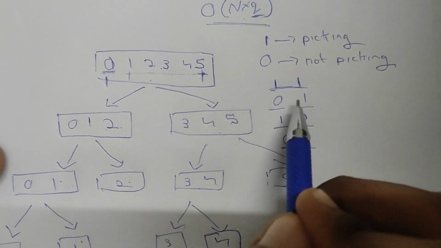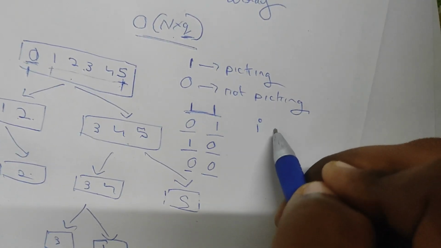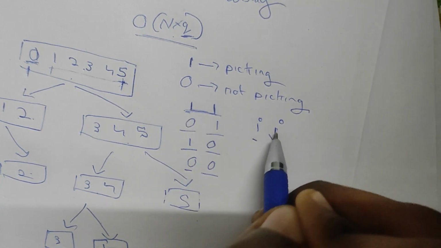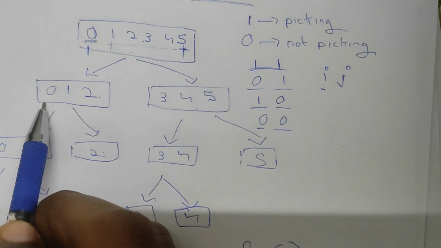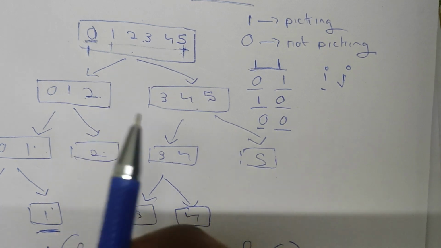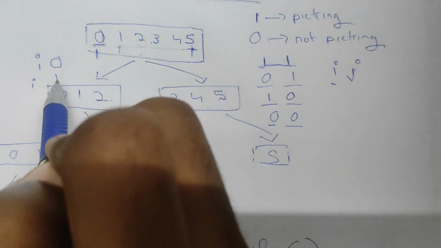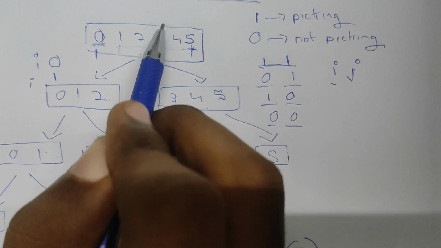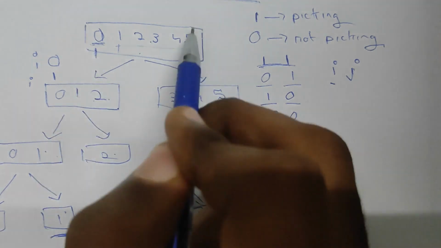Suppose the possibility that I chose is i and j in general. So i can be 0 or 1 and j can be 0 or 1. What all possibilities can this node choose? The possibilities that this node can choose will be either i 0 or i 1, because i was already chosen and passed down from this parent node.